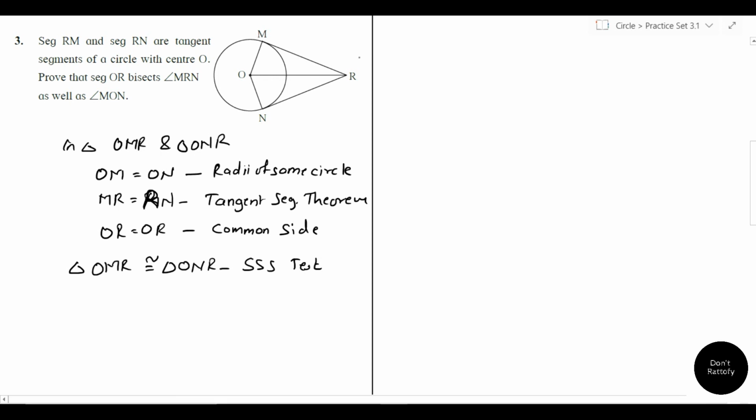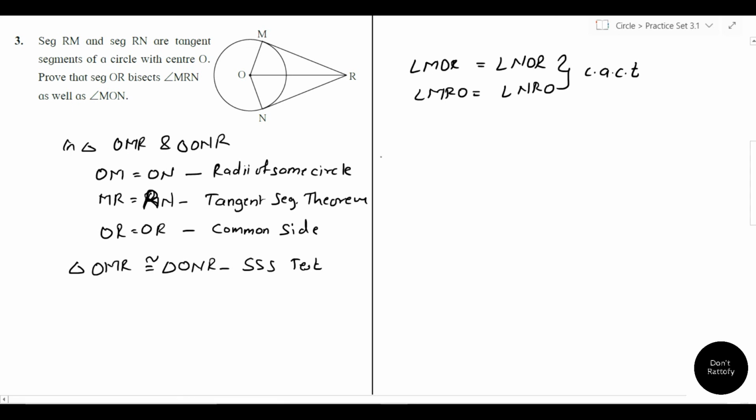If both the triangles are congruent, then angle MOR is equal to angle NOR. Also, angle MRO is equal to angle NRO, both by corresponding angles of congruent triangles, right? See, by corresponding angles of congruent triangles, I prove that MOR and NOR are equal. I also prove that MRO and NRO are equal.